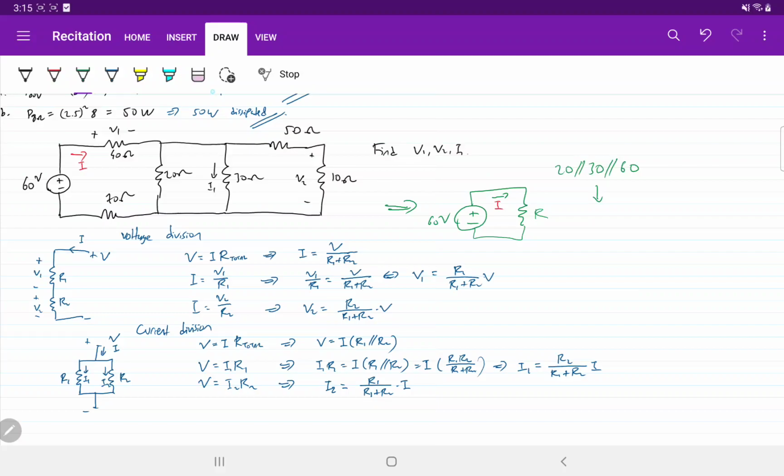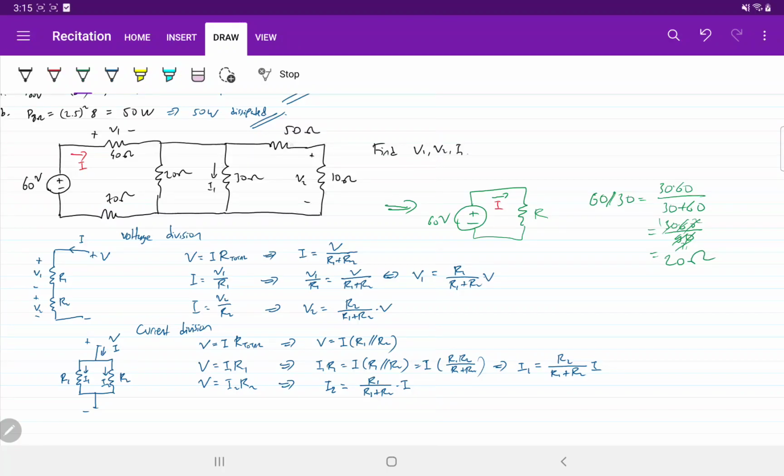If it is too difficult, then let's do it one by one. So you have 60 parallel with 30, so 60 parallel 30 equals 30 times 60 over 30 plus 60. 30 times 60 over 90, cancel 1 3, cancel 1 2, 3 times 2, you have 20 ohm.